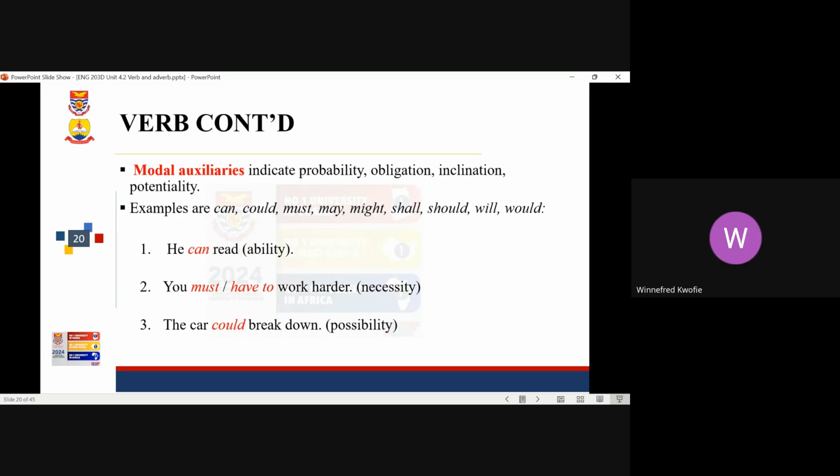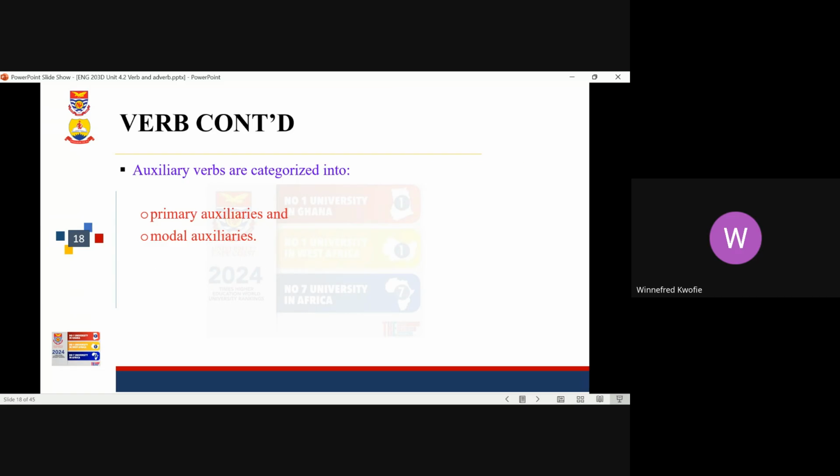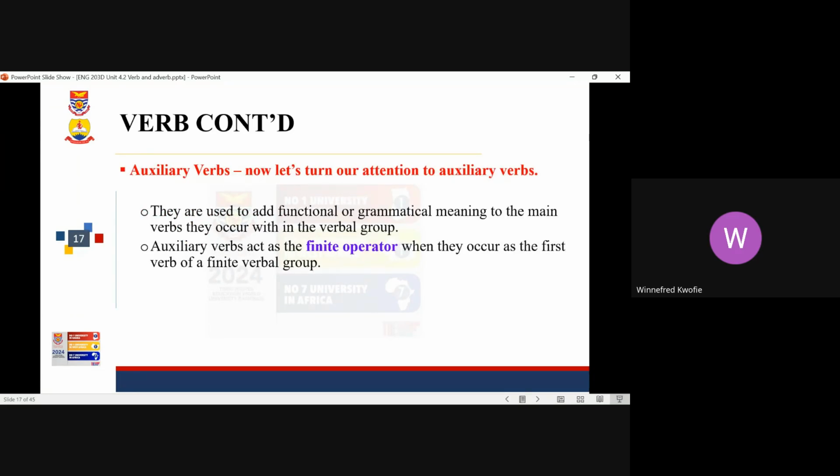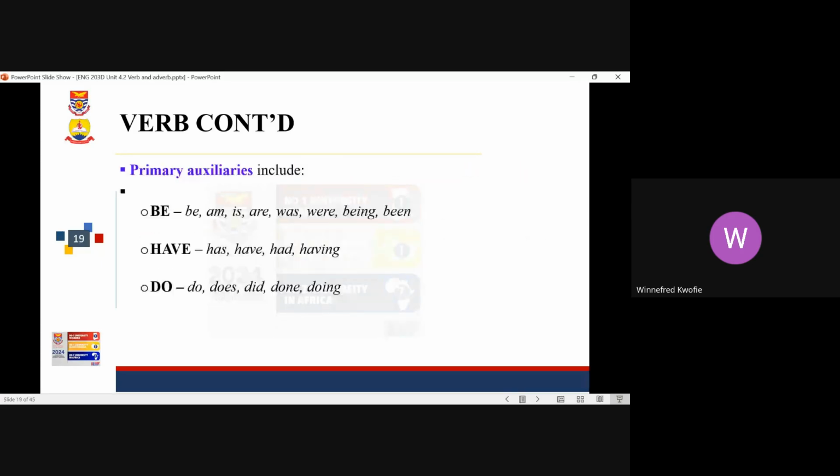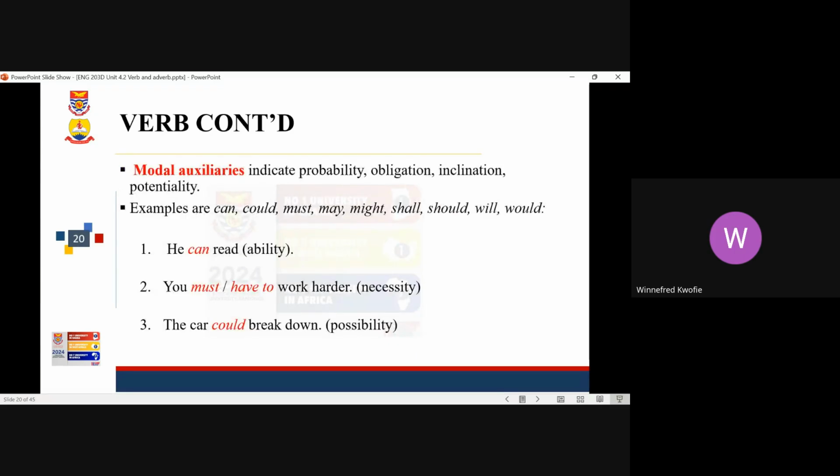It's the auxiliaries themselves that, depending on where they are found, if they happen to be the first item of the verbal group, then even though it's an auxiliary, it will still be a finite verb.